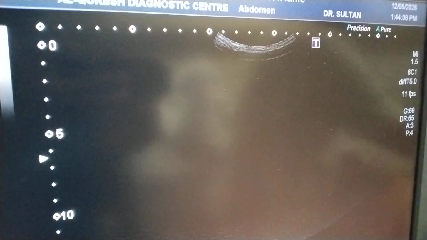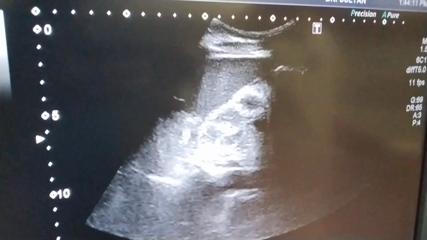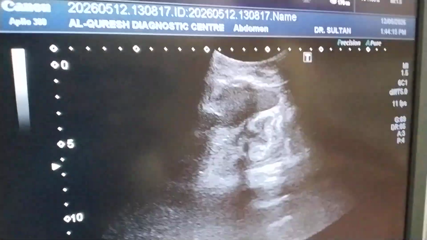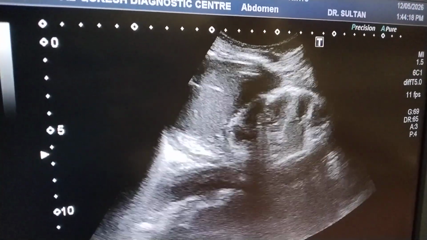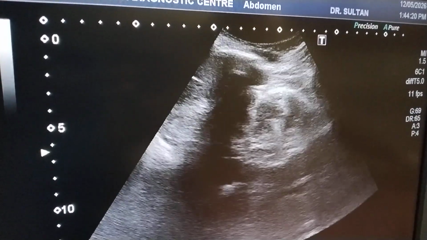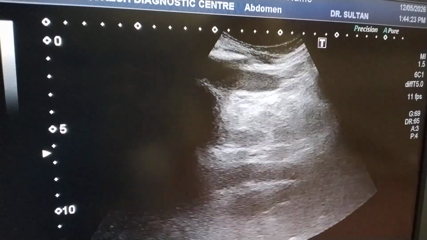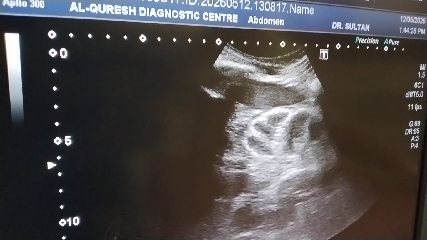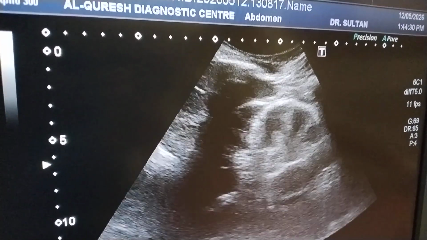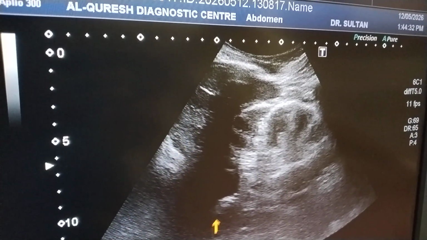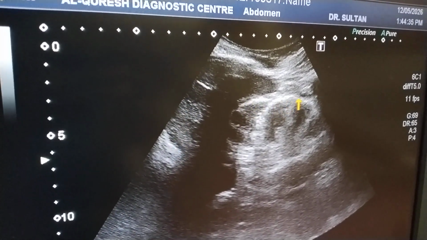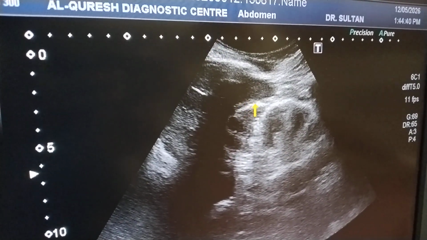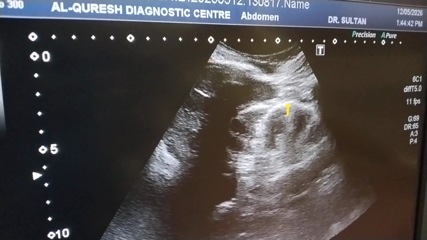I'm going to see the left kidney. Here we can appreciate the left kidney, which also seems to be small in size, and this echogenic line is also present all around the cortex of the left kidney.